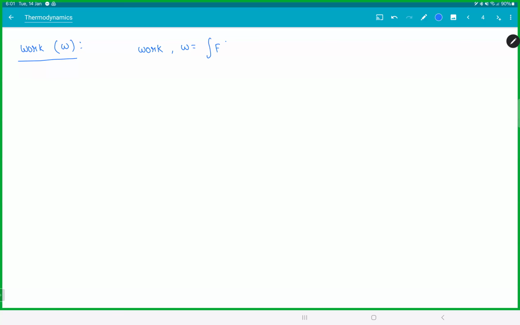Work is integral F dx, right? And we know what force is. Pressure is force by area. So if I substitute here, force is pressure into area, into dx.